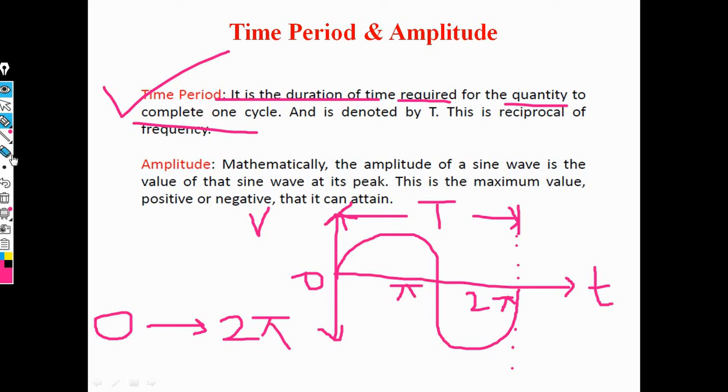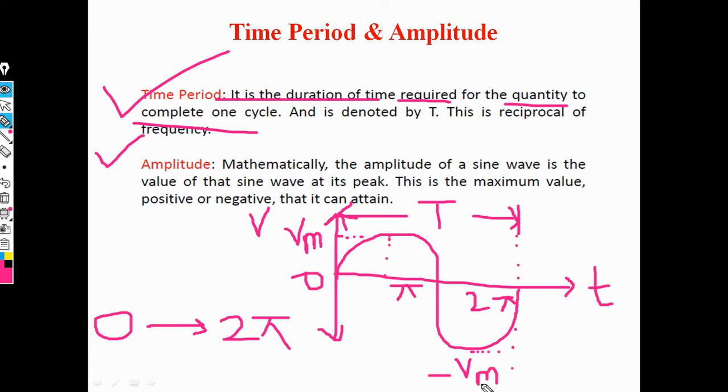Then also this is the maximum amplitude, and amplitude is very important. This is the maximum amplitude Vm, the maximum amplitude of voltage, and this is the negative maximum voltage.